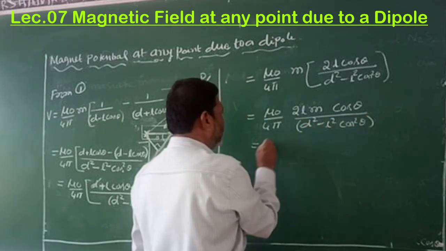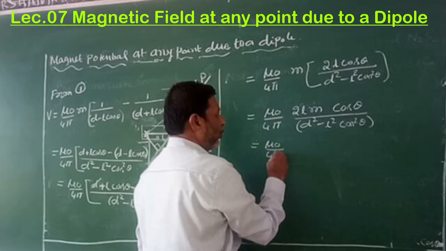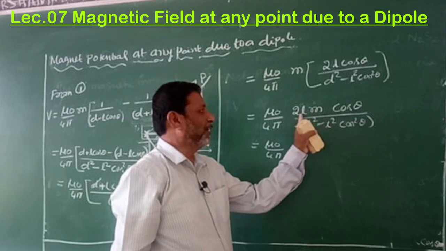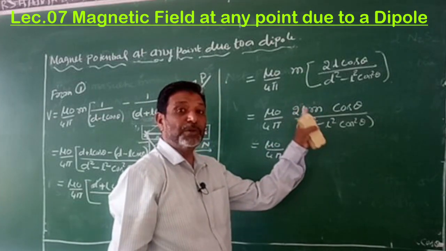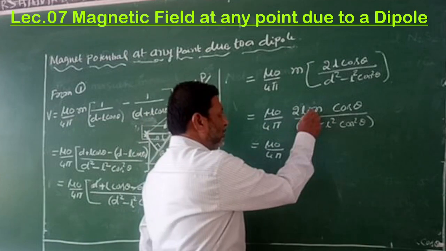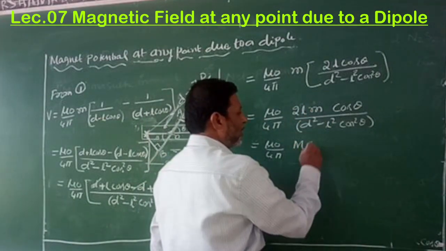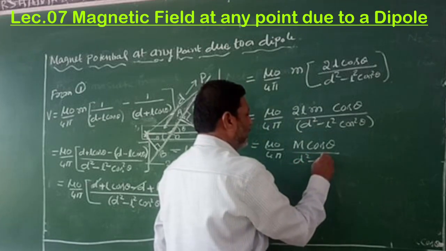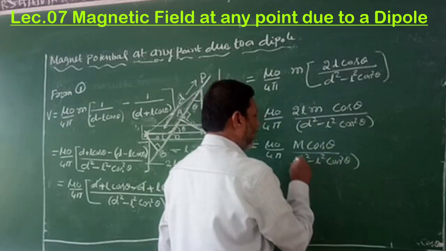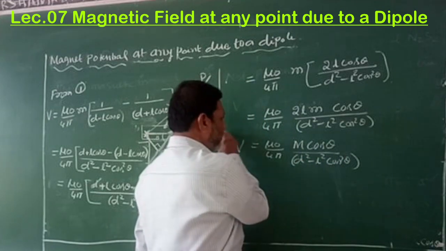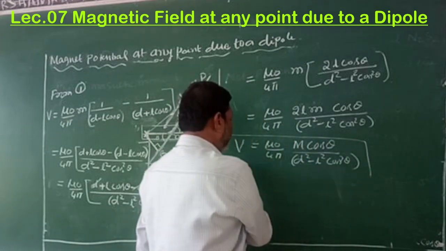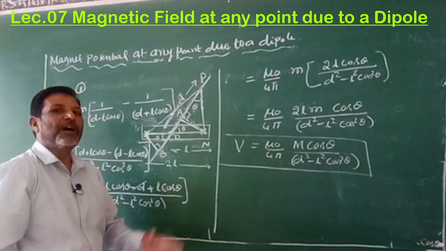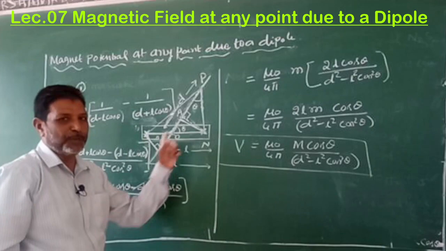You know that the product of the pole strength and 2L gives the magnetic moment. Now you can write this as m cos theta divided by D square minus L square cos square theta. This is the net potential at the point P due to a dipole. That point may be anywhere around the dipole.